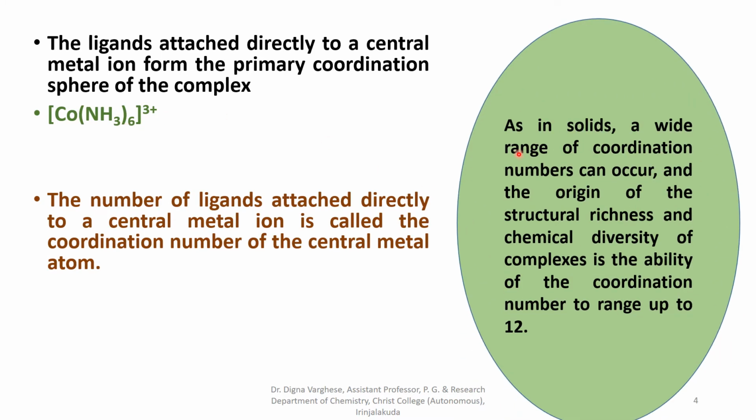As in solids, a wide range of coordination numbers can occur, and the origin of the structural richness and the chemical diversity of the complexes is the ability of the coordination number to range up to 12.